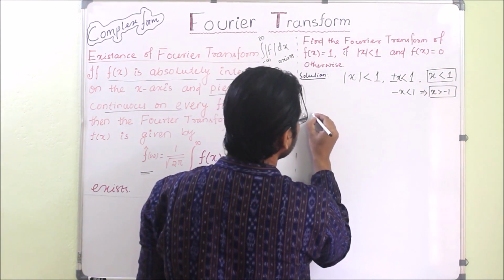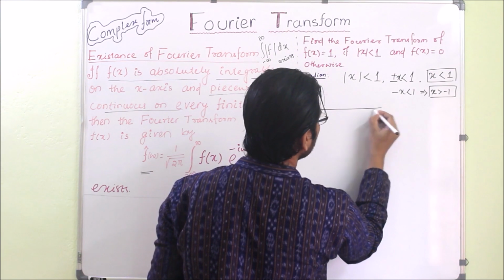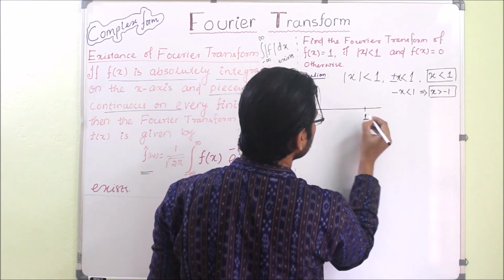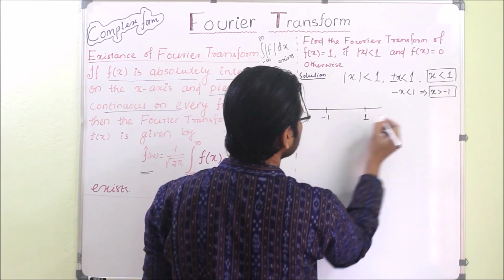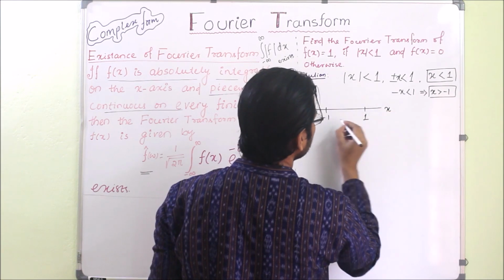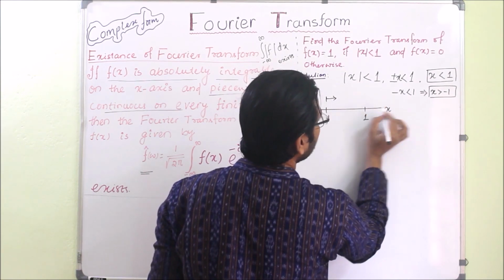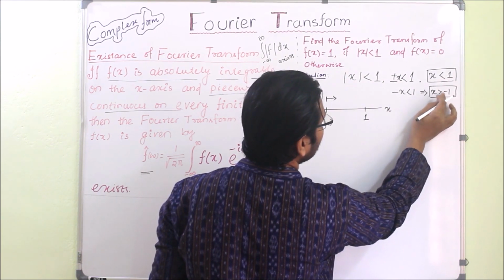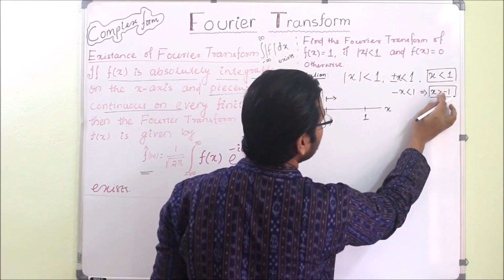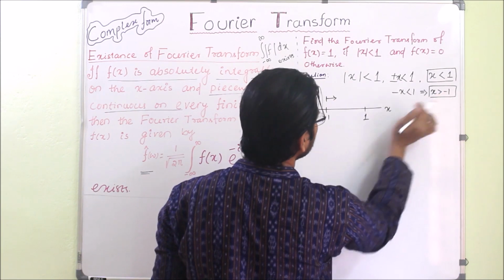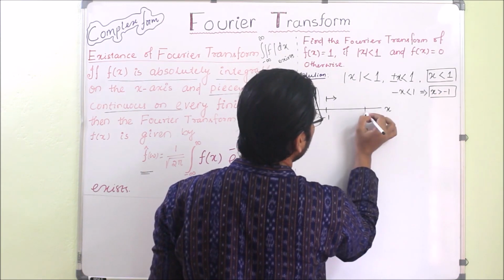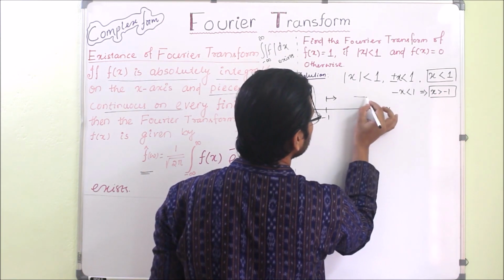If I draw the number line, this point is 1, this point is minus 1, and this is the x-axis. x should be greater than minus 1, so this portion, and x should be less than 1, so this portion.